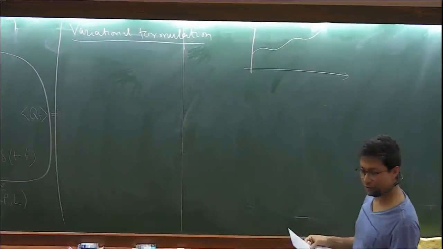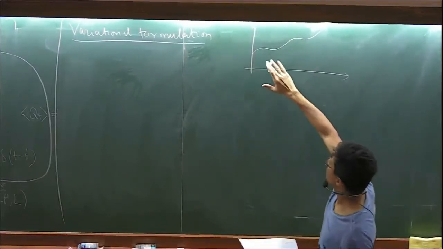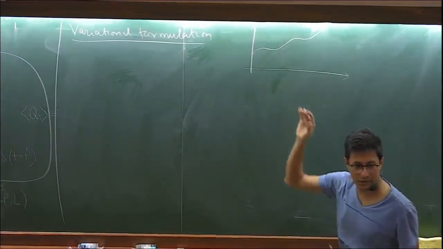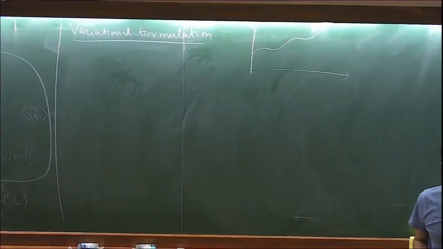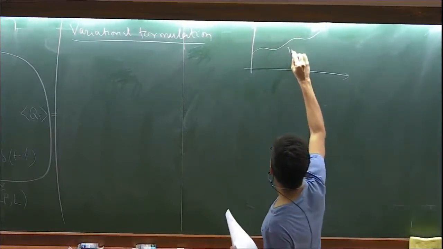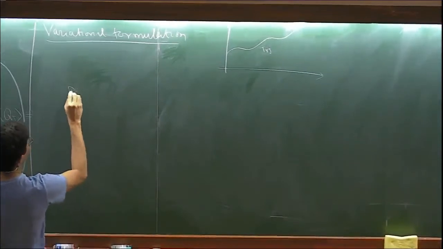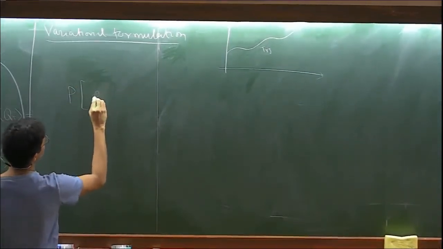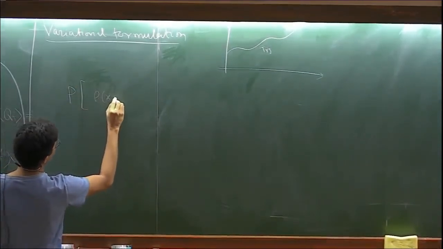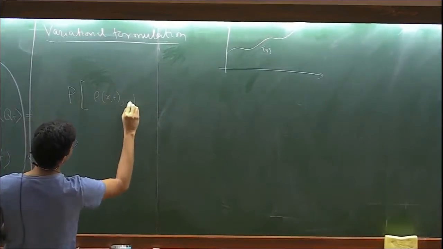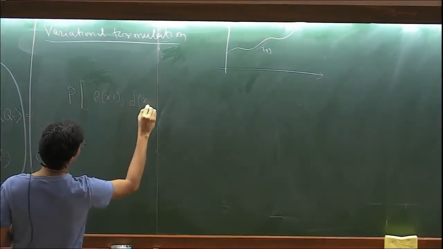All I want to know now is the probability of seeing a particular trajectory or history of this system, of this evolution of density and current profile. So this is like a trajectory. And what I want to know is the probability of seeing a particular density profile and current profile.